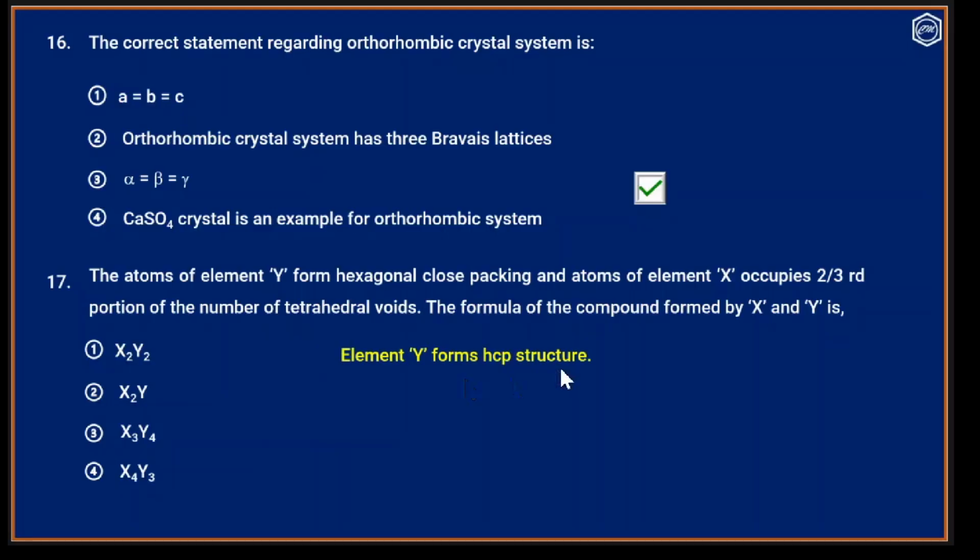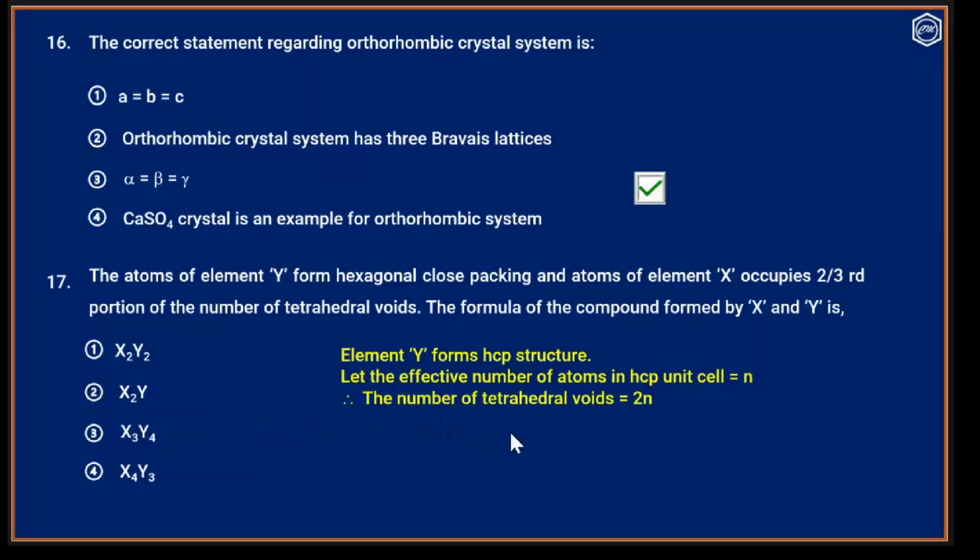The element Y forms HCP structure. Let the effective number of atoms in HCP unit cell be n. Therefore, the number of tetrahedral voids will be double that, 2n. X occupies 2/3 of tetrahedral voids. So the number of X atoms will be 2n into 2 by 3, that is 4n by 3.